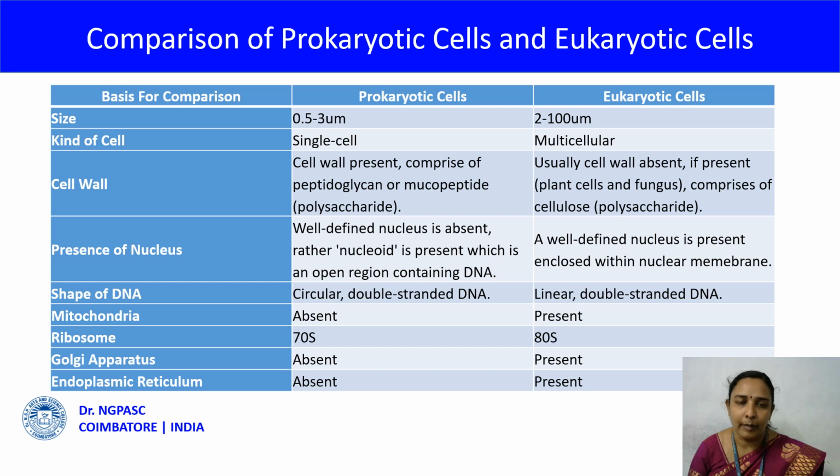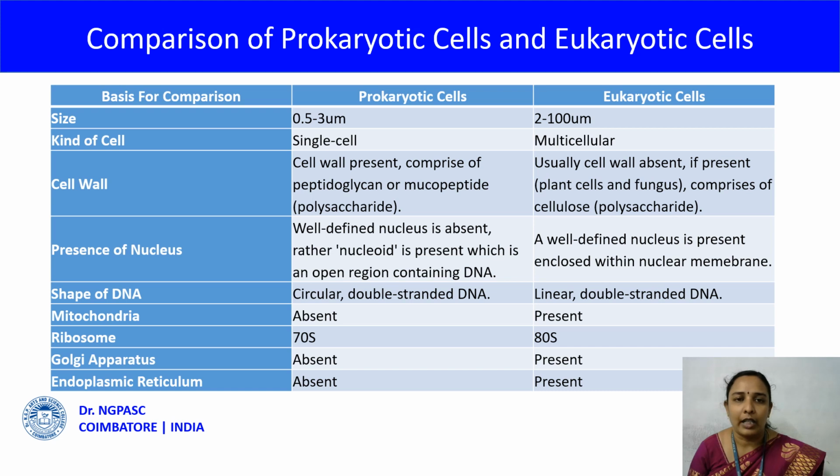So here is the tabular column which shows the comparison between prokaryotic cells and eukaryotic cells based upon size, structure and their function. The size of the prokaryotic cells is 0.5 to 3 μm, whereas the eukaryotic cells are 2 to 100 μm.